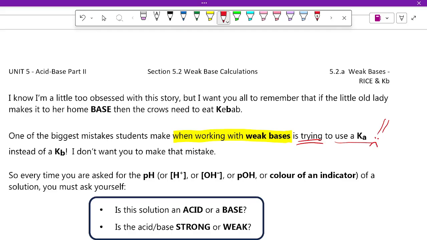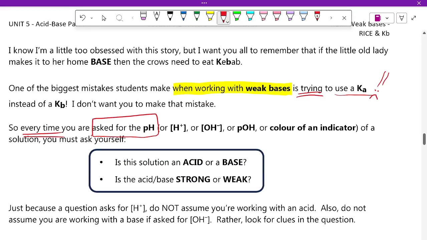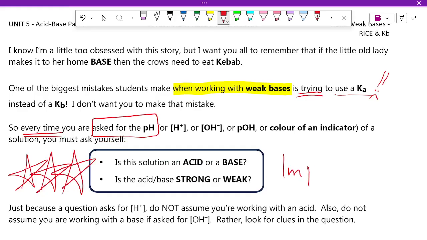I don't want you to make that mistake. So every time you are asked for the pH, or if you're asked for hydrogen or hydroxide or pOH or the color of an indicator, you have to ask yourself, and we're going to put 3 stars here, this is important. Do it every time.